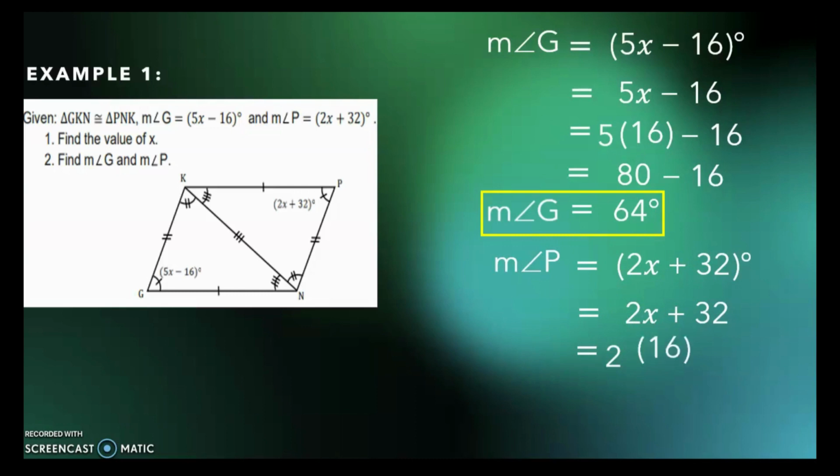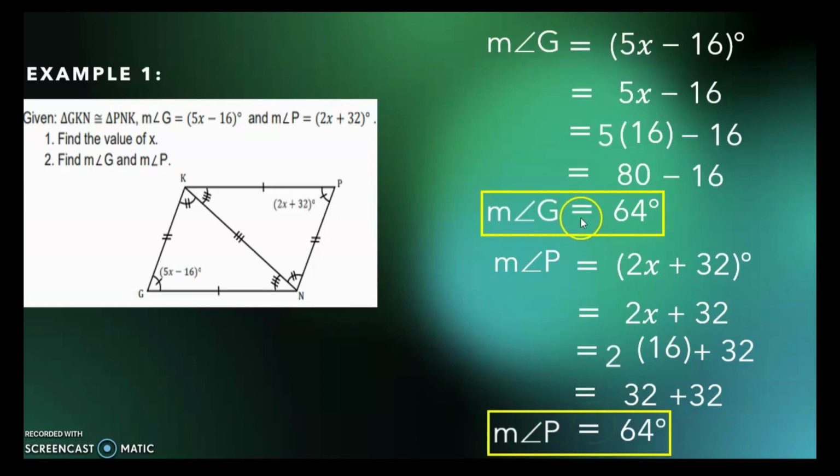So we replace x, multiply by 2, plus 32 equals: 16 times 2 is 32, plus 32 equals 64. So, the measure of angle P is equal to 64 degrees. As you can notice, the measure of angle G and the measure of angle P are equal, because they are congruent, and opposite angles of a parallelogram are always equal, or always congruent.